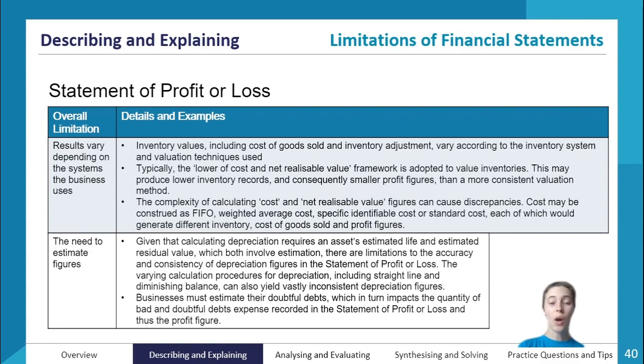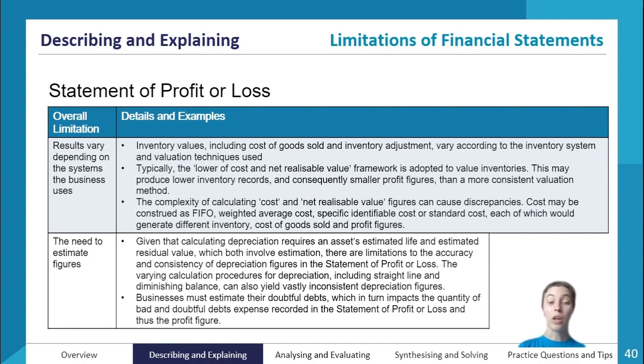Typically, businesses are going to use the lower of cost and net realizable value framework to value their inventories. And this can produce lower inventory records and show smaller profit figures than a more consistent valuation method. So that can be a limitation.